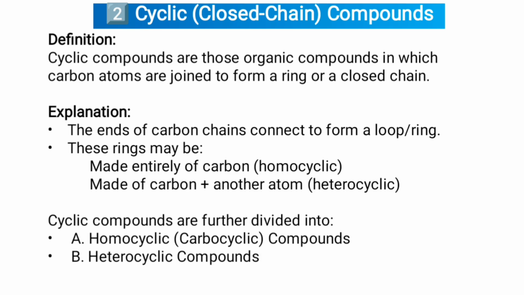These rings may be made entirely of carbon, homocyclic, or made of carbon plus another atom, heterocyclic. Cyclic compounds are further divided into first one, A, homocyclic or carbocyclic compounds, and B, heterocyclic compounds.